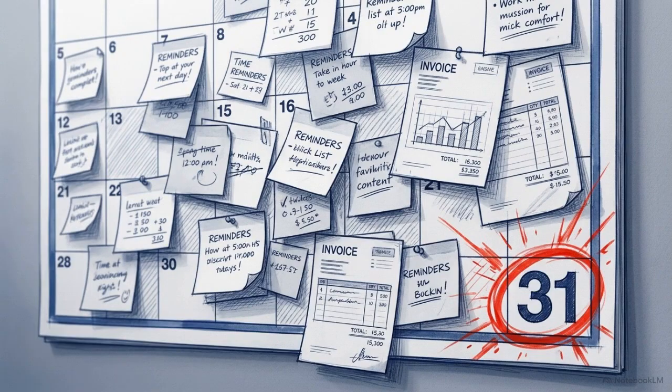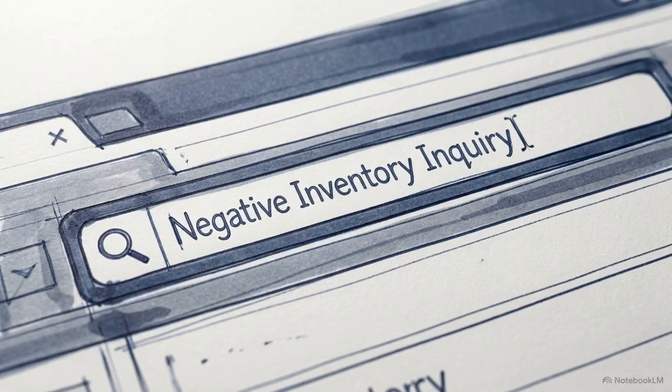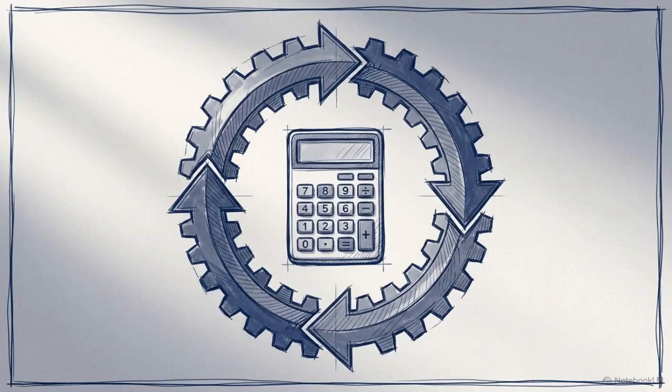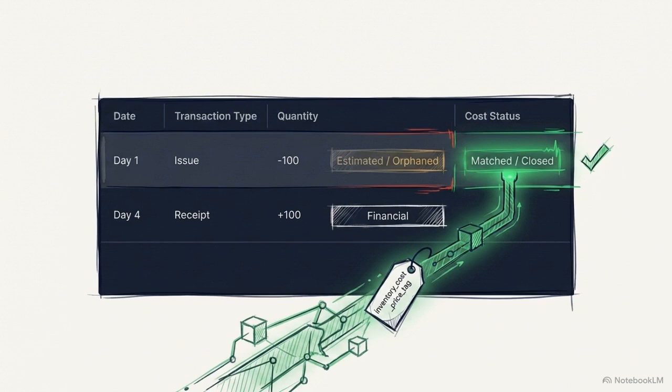The immediate operational fix is to run the negative inventory inquiry to identify all negative occurrences and ensure their delayed receipts are finally posted. Users must then run a recalculation process. This forces the system to retroactively match the orphaned Day 1 issues to their corresponding Day 4 receipts.